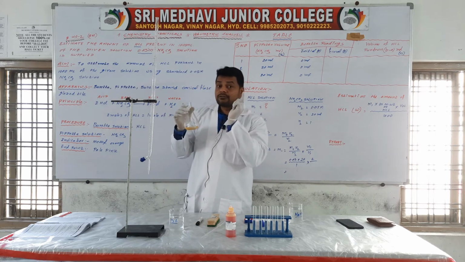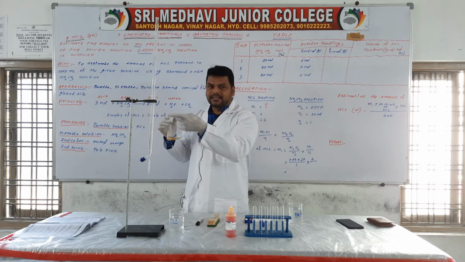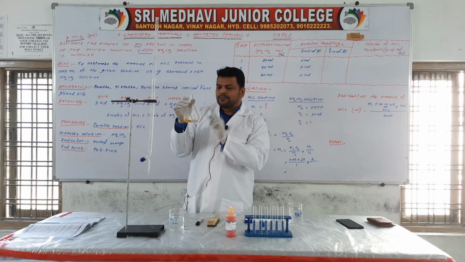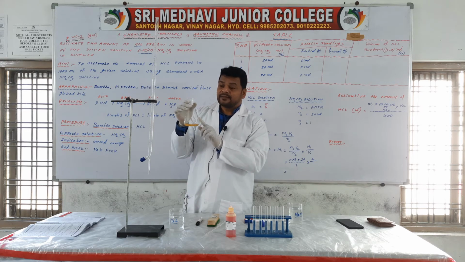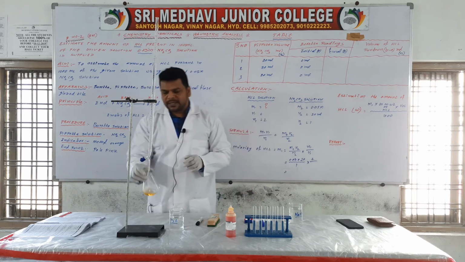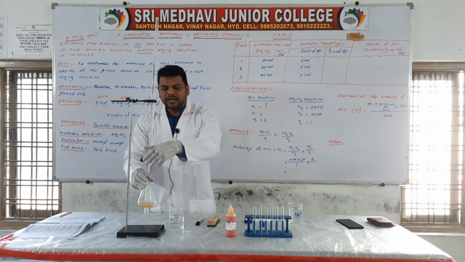Then you have to titrate sodium hydroxide against hydrochloric acid, and then you will get the end point. At the end point the solution changes from pale yellow to pale pink. You have to shake the conical flask with the right hand and operate the burette with the left hand, slowly releasing drop by drop.